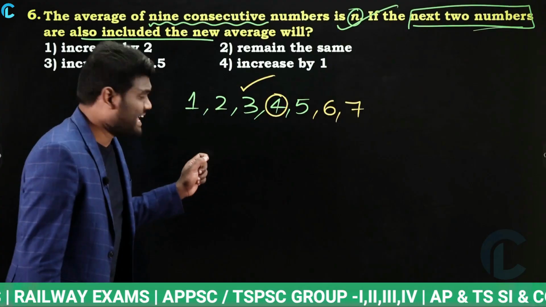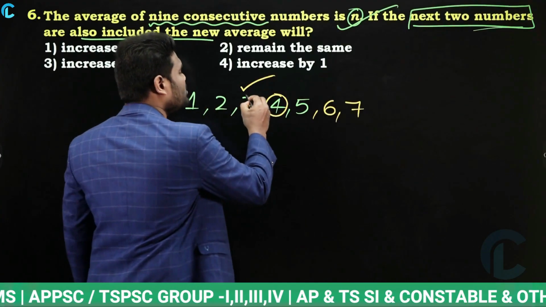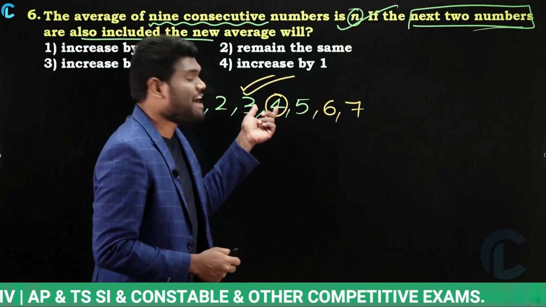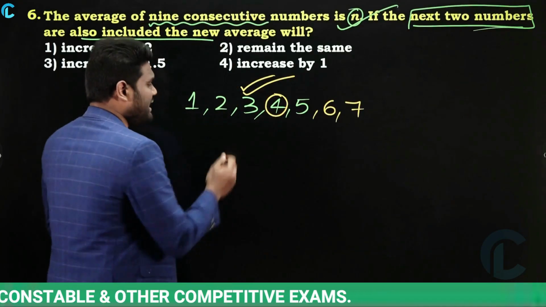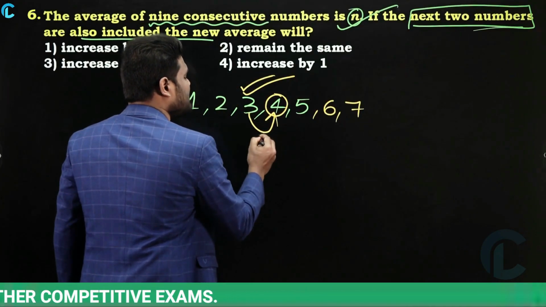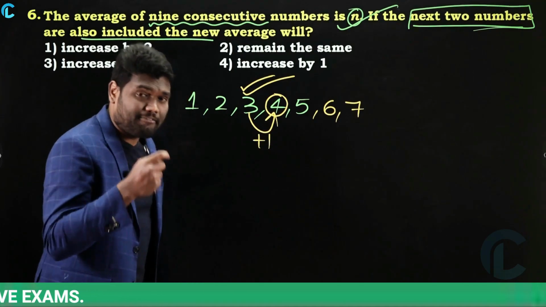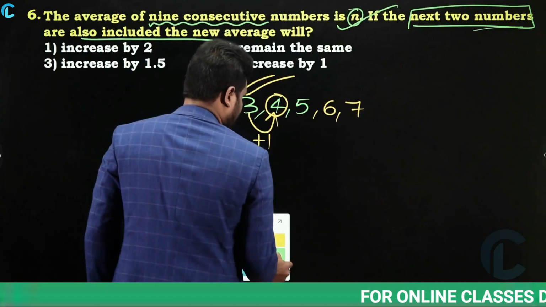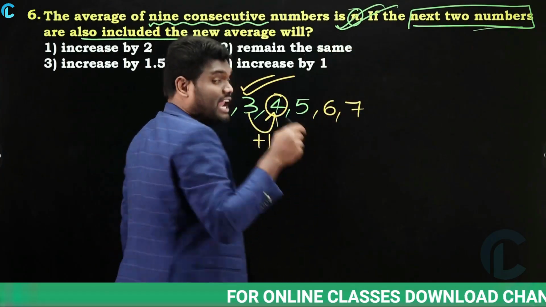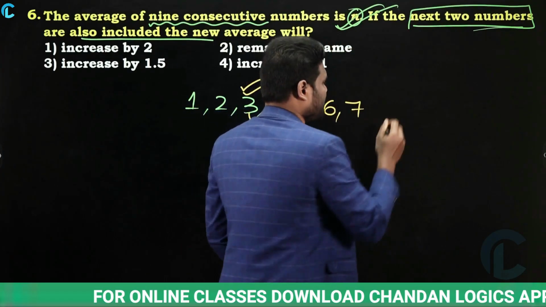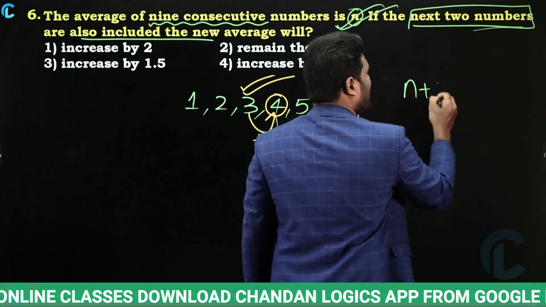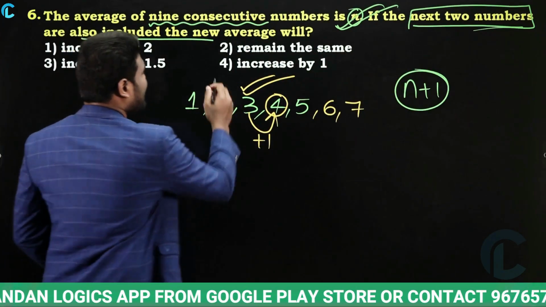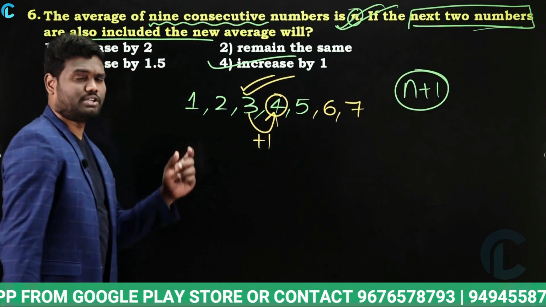Initially the average is 3, but when you include the next two numbers, the average became 4, which means the average is increased by 1. As the initial average is n, it should increase by 1, so the new average should be n plus 1. That is option 4.